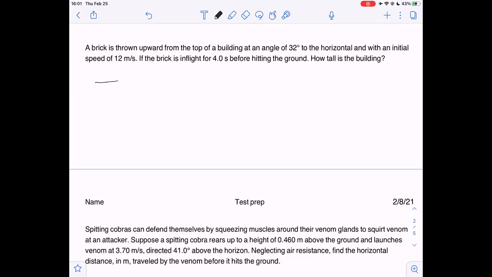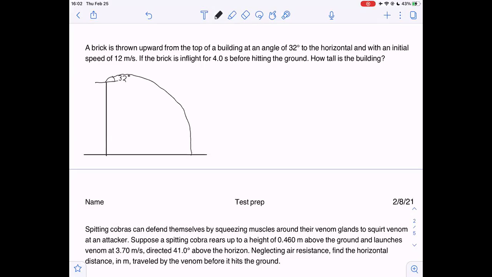So we got our little pedestal they're standing on, the top of the building. Bottom of the building is the ground. They throw it. It lands somewhere over here. We don't care about where it lands. We know that angle is 32 degrees.